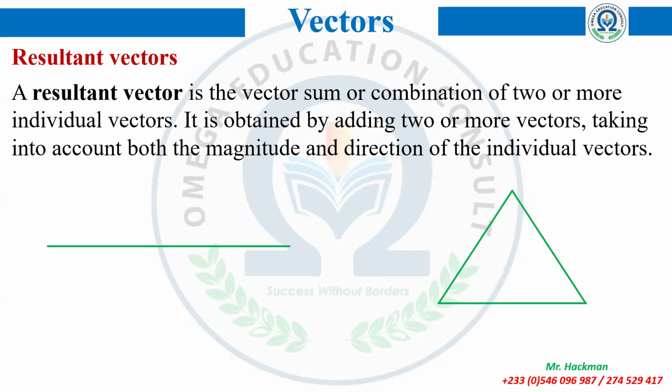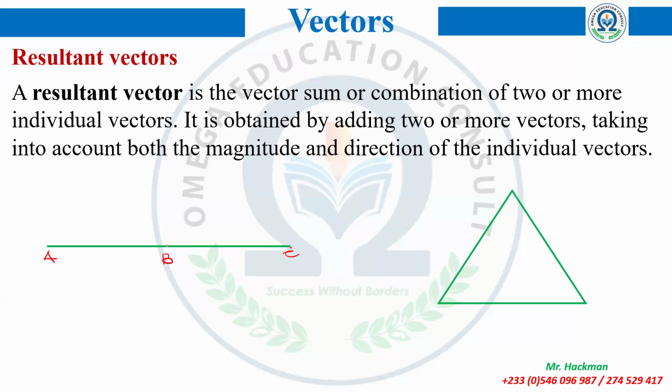It is obtained by adding two or more vectors, taking into account both the magnitude and the direction of the individual vectors. Briefly, let's see. Assuming I'm moving from a point A to a point C, but I need to go through a point B. Maybe there is a rest stop here.